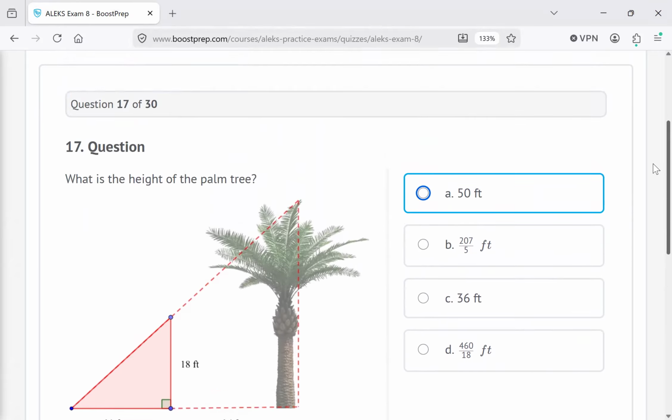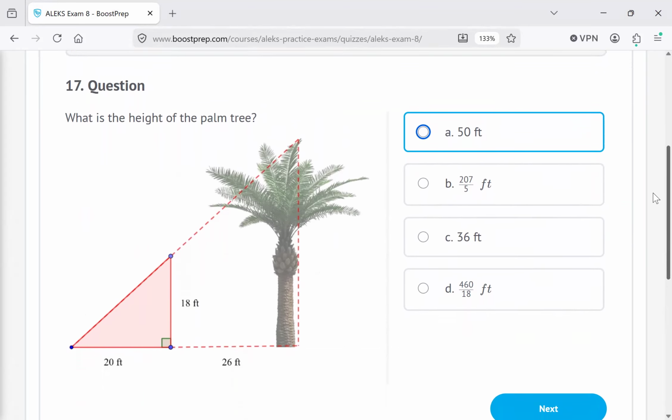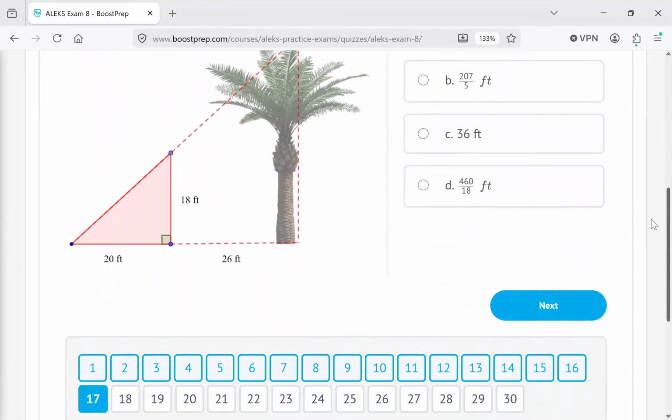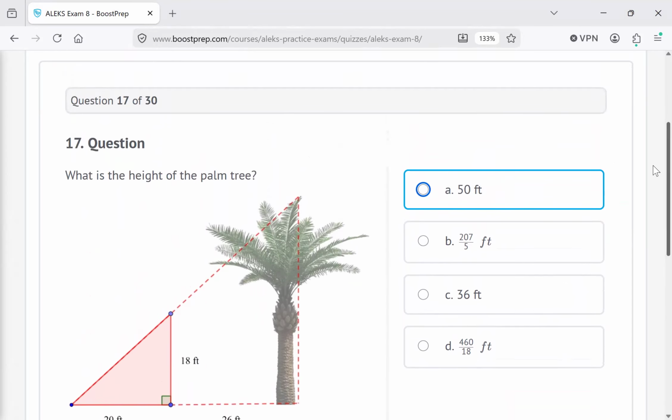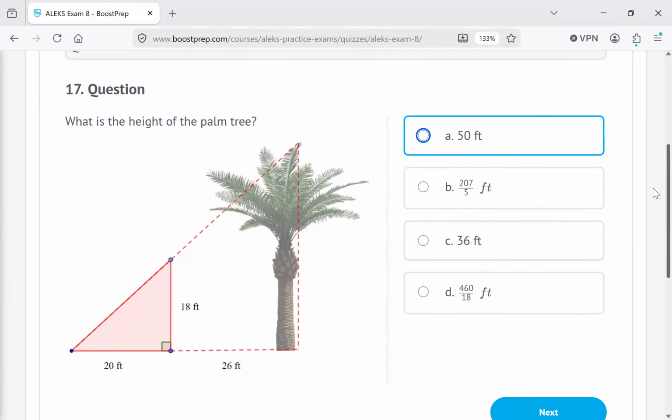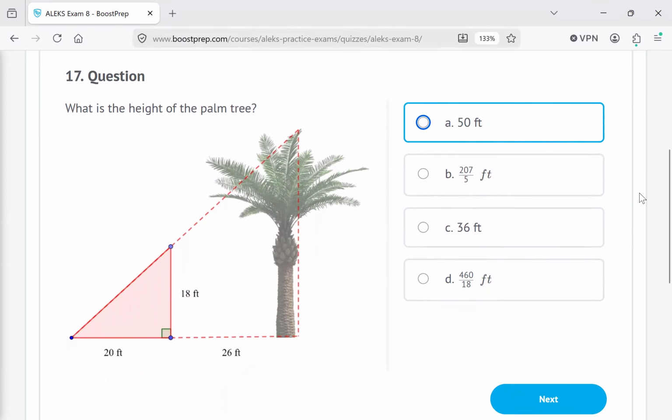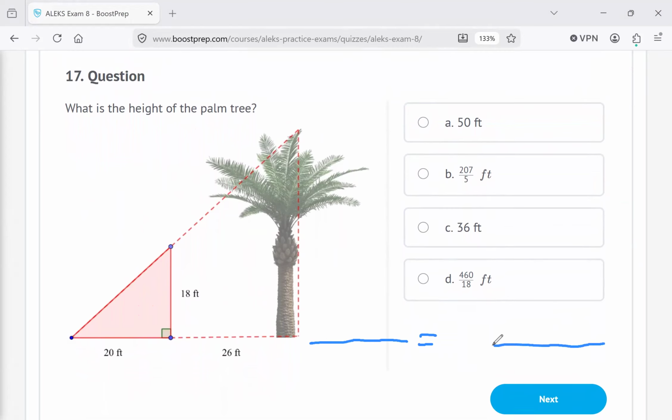Okay, here we have a triangle. What is the height of the palm tree? What we're going to do is set up a ratio. On the left side, do you see two triangles? This one and then the main big one.